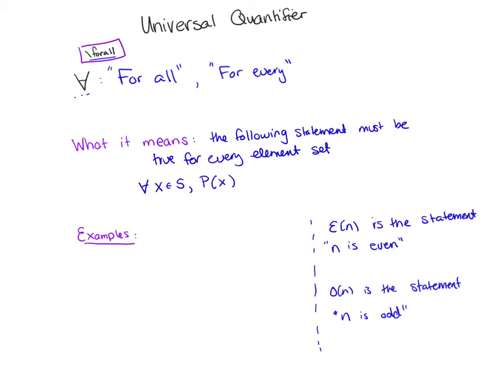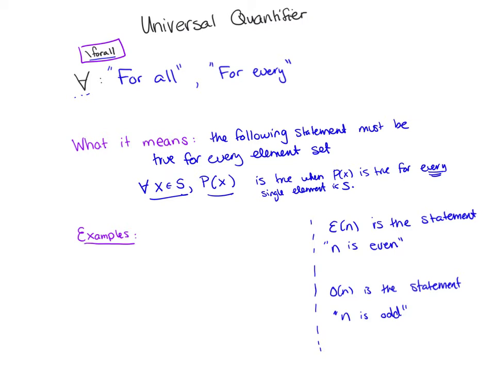This is true when p of x is true for every single element in S. If it's true for some of them and not true for the other ones, then it's not true.